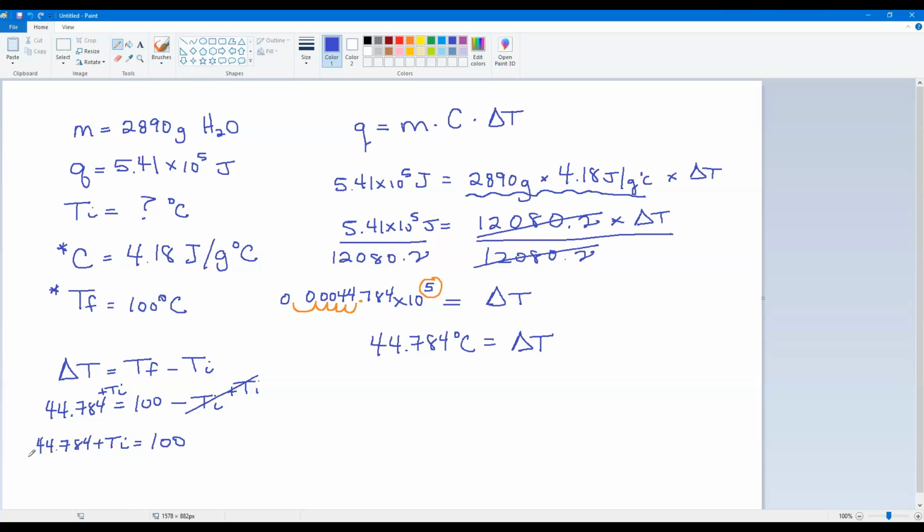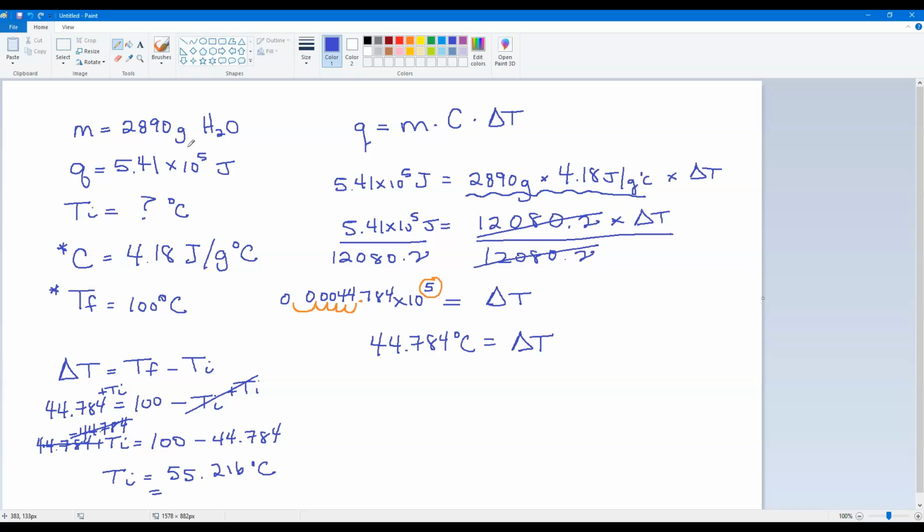Now I'm going to bring this 44.784 over by subtracting it from both sides. That gets rid of that, leaving just my initial temperature here. And 100 minus 44.784 is equal to 55.216 degrees Celsius.